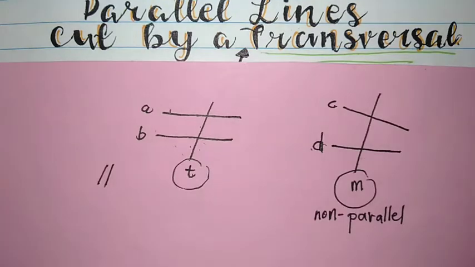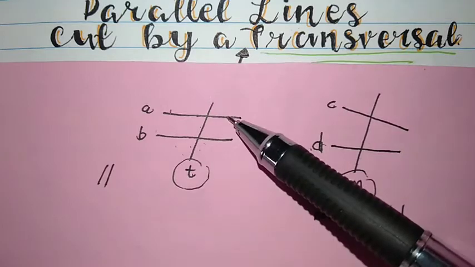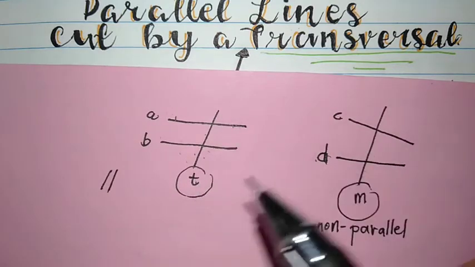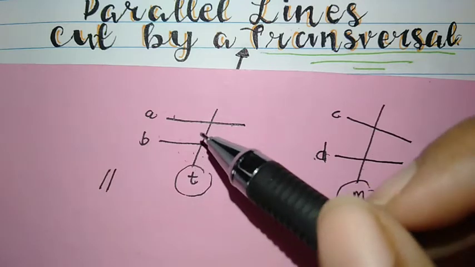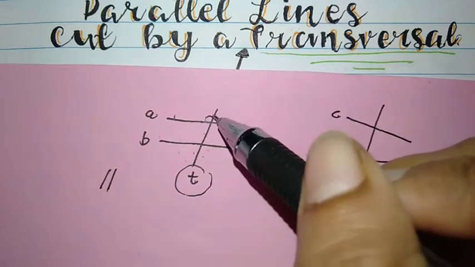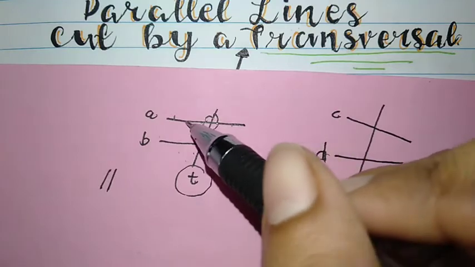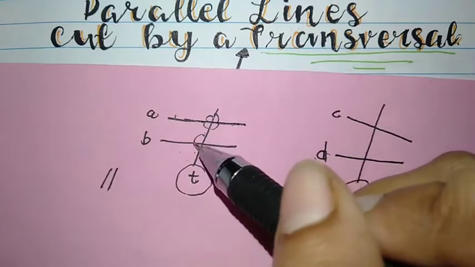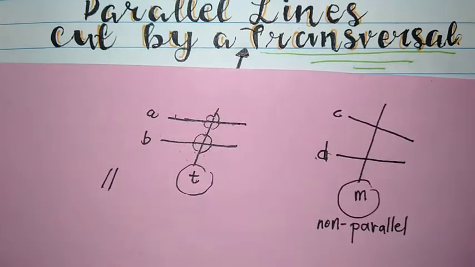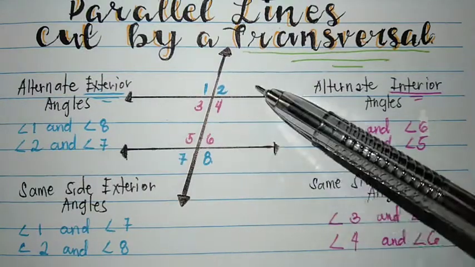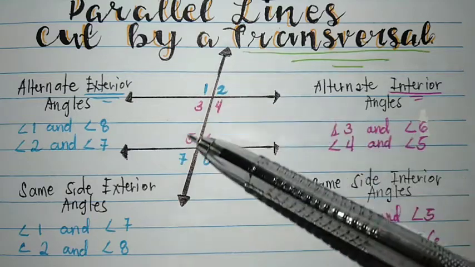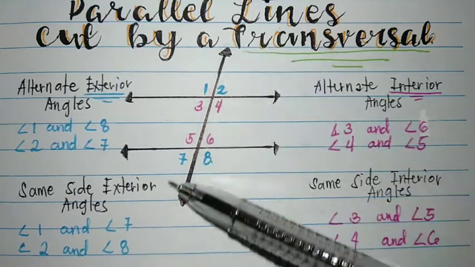Balik tayo dito. Kapag yung dalawang parallel lines is na-cut ng transversal, makakapag-create sila each ng 4 angles. 4 angles dito, 4 angles dito. Take a look at this figure. We have here parallel lines cut by a transversal. Ito yung transversal line natin.